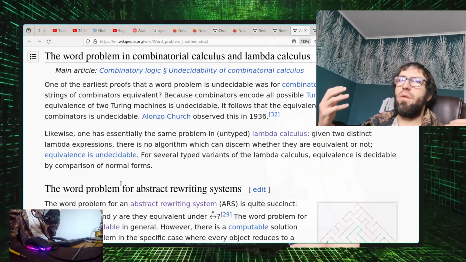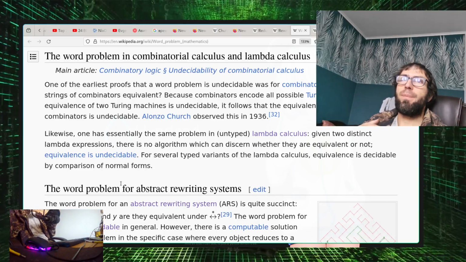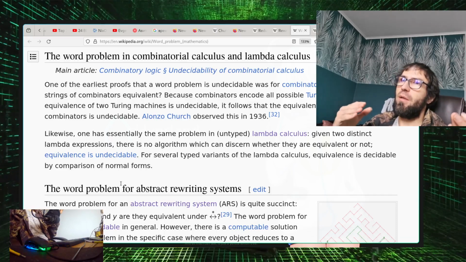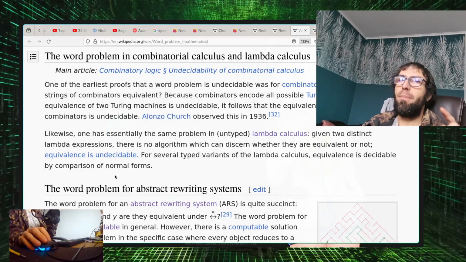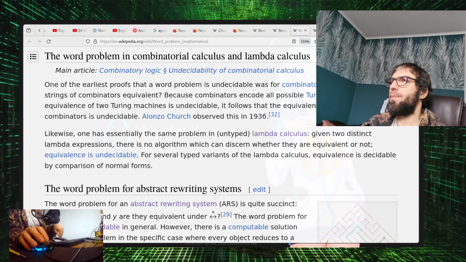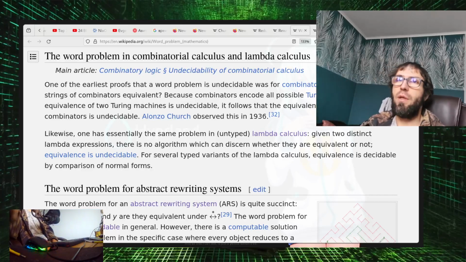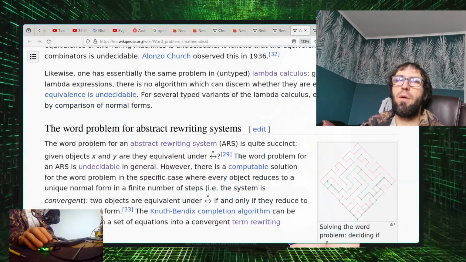Equivalence of lambda expressions is undecidable. For several typed variants of the lambda calculus, equivalence is decidable by comparison of normal forms. So if we somehow add types to the lambda calculus, we can decide this problem.